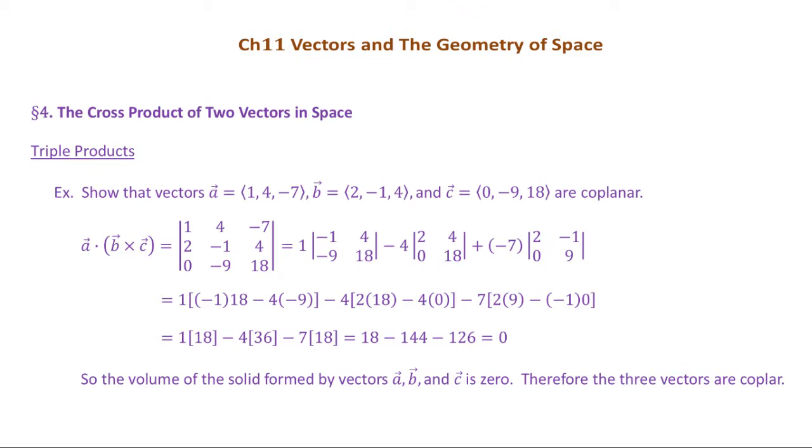Sorry about the typo. So we got the triple product equals 0, which means the volume of this skewed box formed by the vectors is 0. So that means the three vectors are in the same plane. They are coplanar. All right.